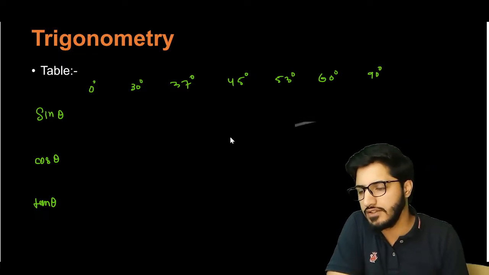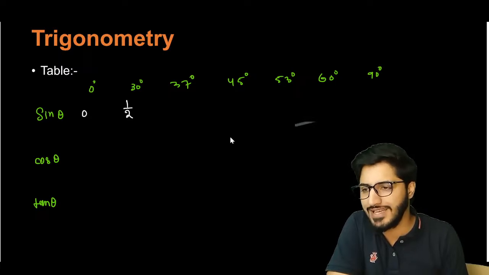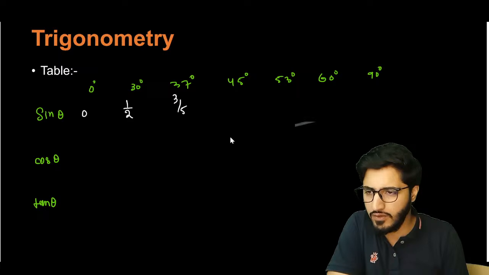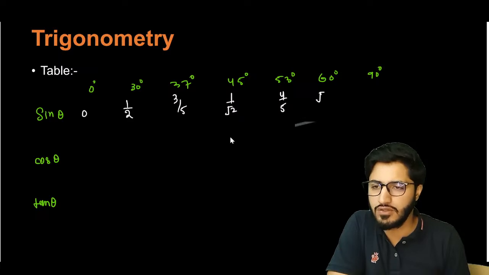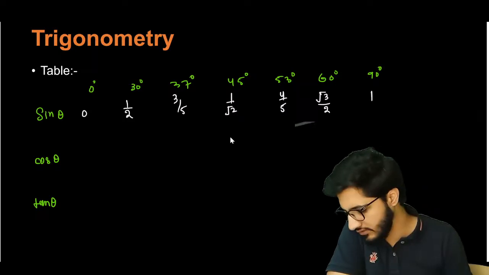So what is sine? Sine 0 is 0, sine 30 is 1 by 2, sine 37 is 3 by 5, sine 45 is 1 by root 2, sine 53 is 4 by 5, sine 60 is root 3 by 2, sine 90 is 1. Now we have to reverse this, right?